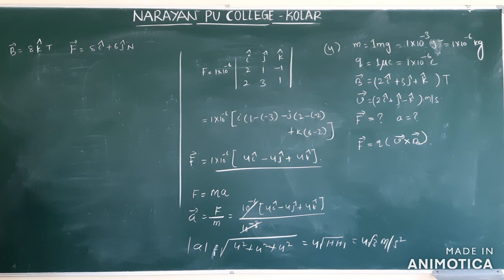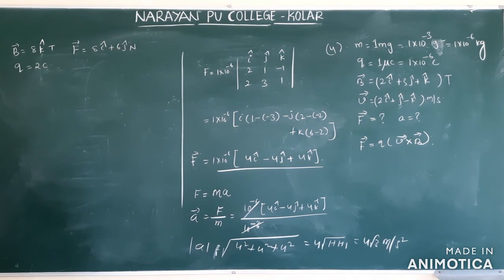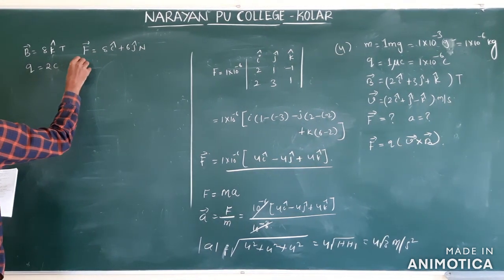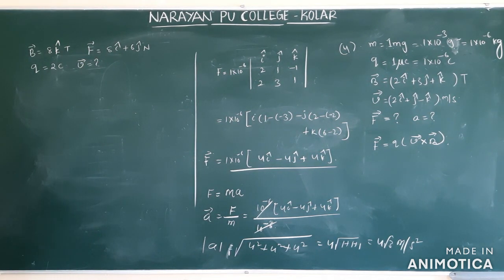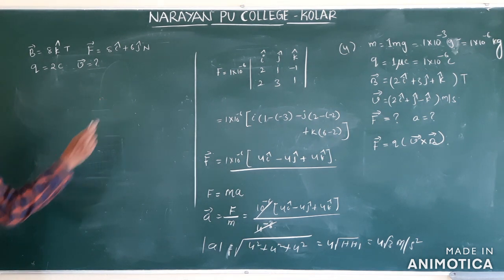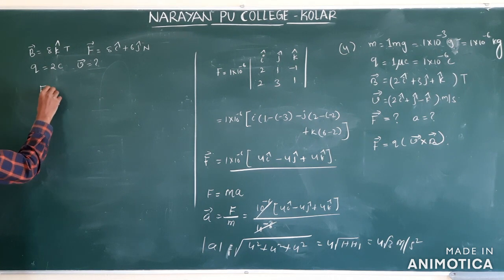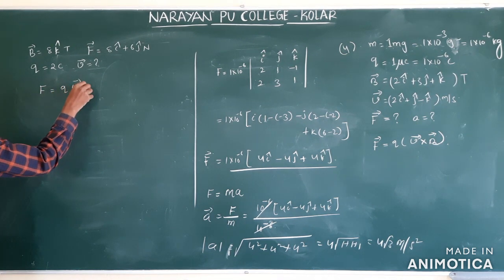And the particle having charge Q is equal to 2 Coulomb, going in the xy plane. Find the velocity of the particle. First we will try to find the vector and then we will find the magnitude. Clear? Now, same formula: F is equal to Q V cross B.